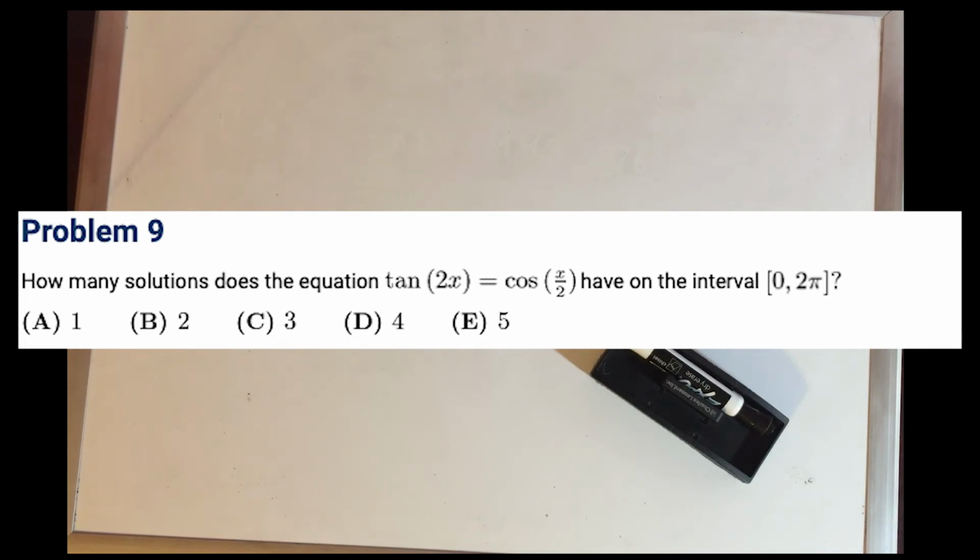Alright, so looking at this, it's a pretty hard function to solve arithmetically, right? We have trigonometric functions. So an easier way to solve this problem is to actually graph the functions. And we can do this because all it's asking is how many solutions the equation has.